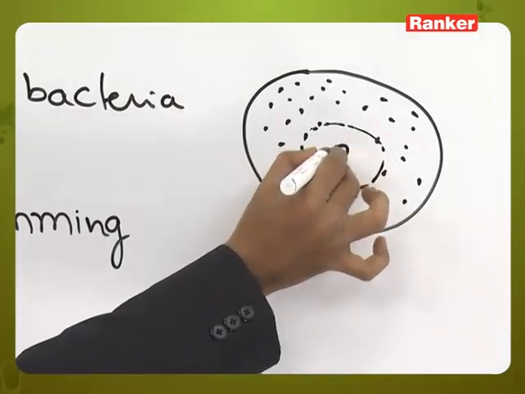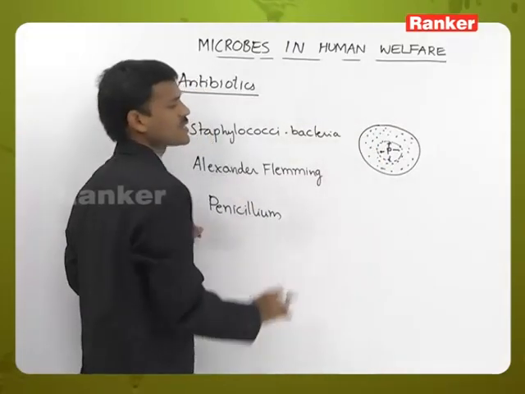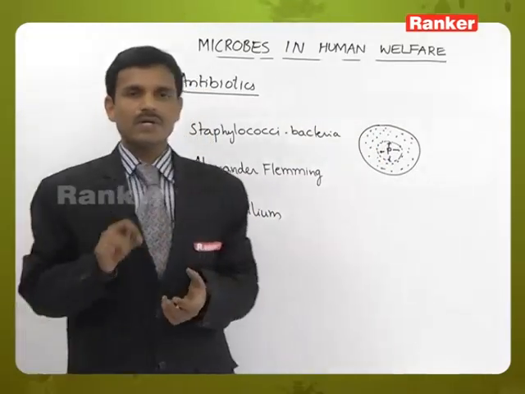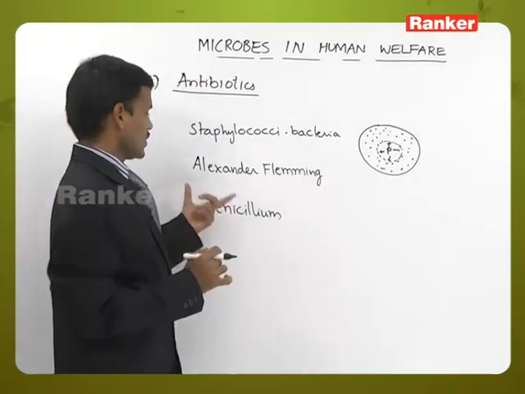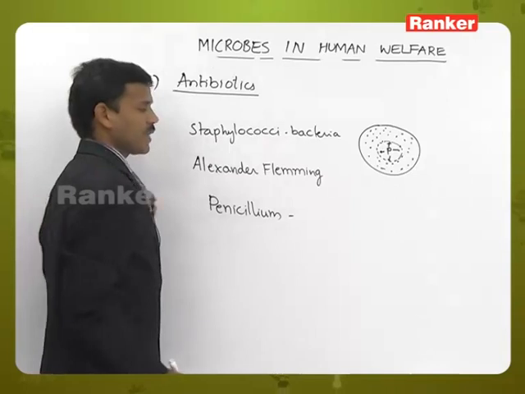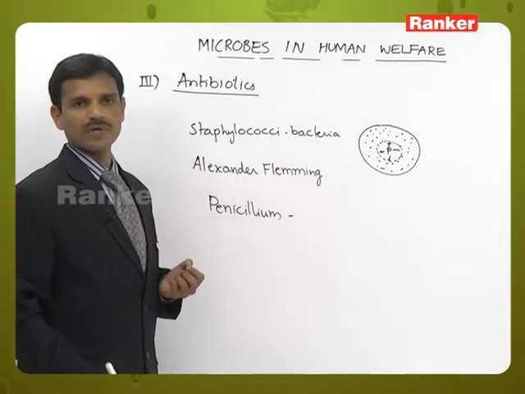So the Penicillium is inhibiting the growth of other bacteria. Here Penicillium is working like an antibiotic. It is killing, inhibiting, retarding the growth of bacteria.